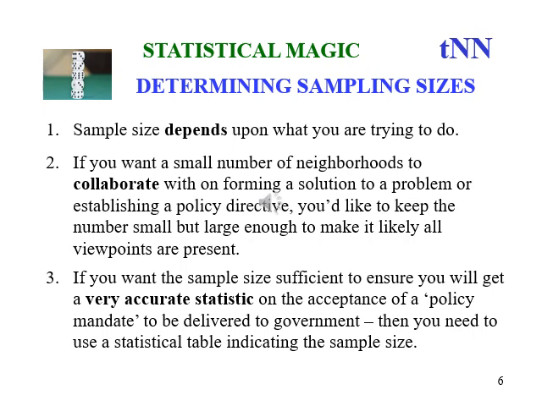But if you want the sample size sufficient to ensure you will get a very accurate statistic on the acceptance of a policy mandate to be delivered to government, then you need to use a statistical table indicating what sample size you need.